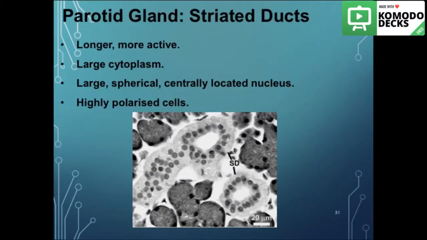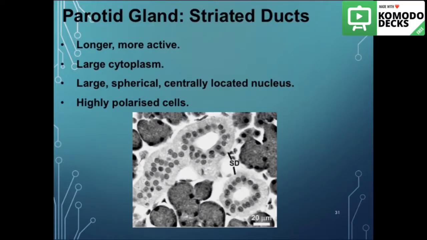The striated ducts are longer in the parotid gland and they are more active than the intercalated ducts. They have hence a larger cytoplasm, a large spherical and centrally located nucleus, and these cells are highly polarized.